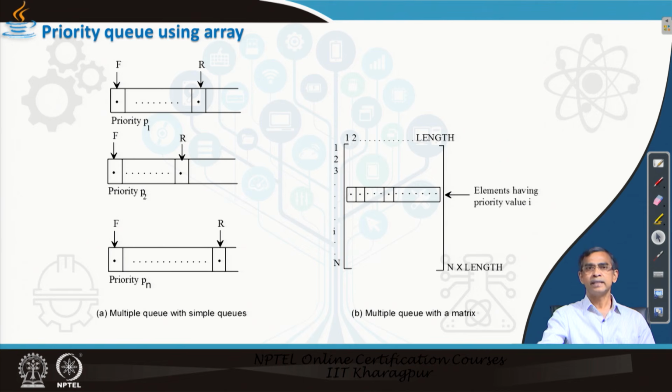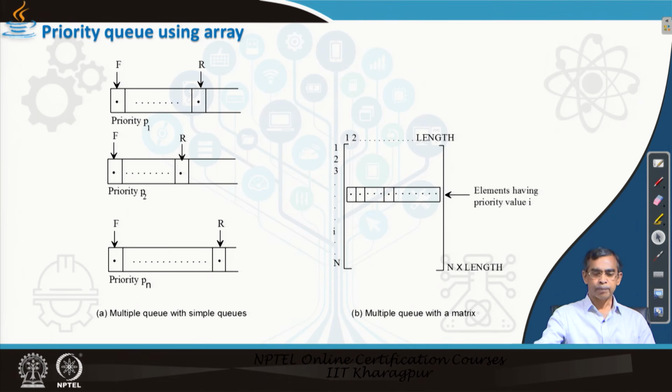This is a good solution, but it has a limitation: sometimes an array can be exhausted, and then you will not be able to add an element of that priority.